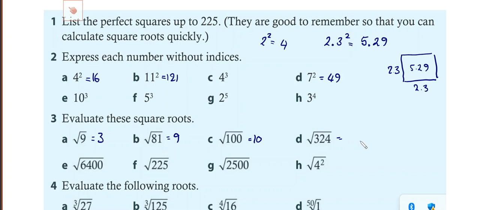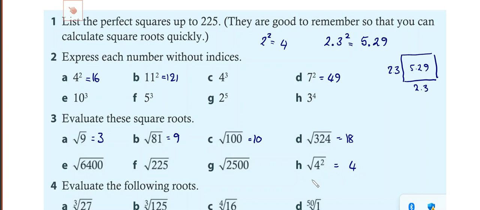Is it 18? Yes, it is 18. Square root of 4 squared? 4. Notice the square root is the opposite of square, so it just equals out.